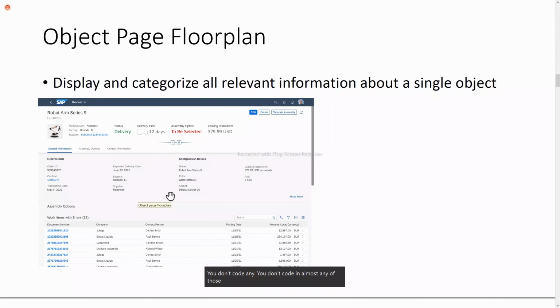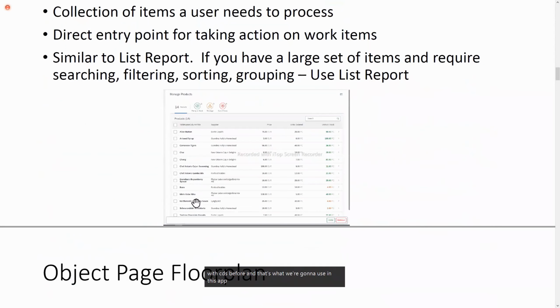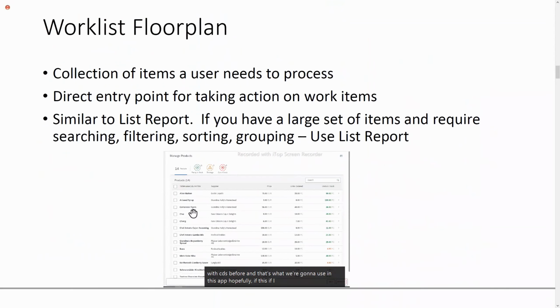The only thing that you're expected to do is annotate something, so add extra behavior, and then, for example, describe which are the specific panes and groups that are going to be used over here. You can do that by annotations, but you can use what's available out of the box. So just the default display of an object, the way you described it with CDS before, and that's what we're going to use in this app. Hopefully, if I manage to make this work.